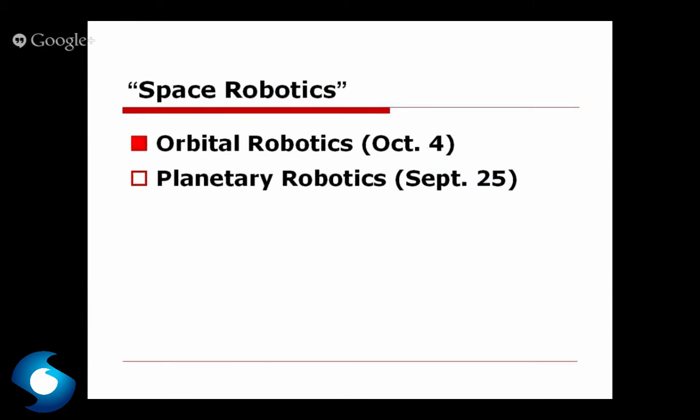As I mentioned earlier, the two major applications of robotics technology to space development are divided into two fields. One is planetary exploration, lunar planetary exploration, and the other is robotic manipulation in an orbital environment.